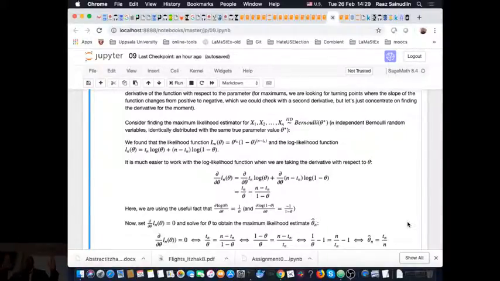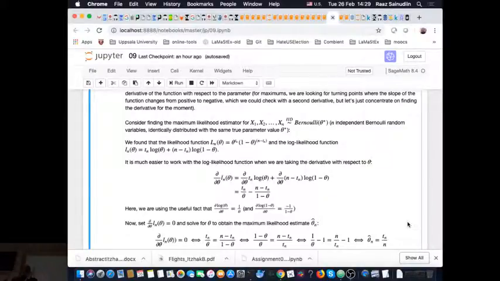You can look at the derivative, the slope. At the maximum, or say the minimum, say the function is like this, the slope will be 0. So we can set the derivative equal to 0 formally and find the solutions of that equation. So find all the thetas where the derivative of the log likelihood function with respect to theta is 0.